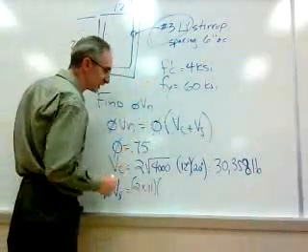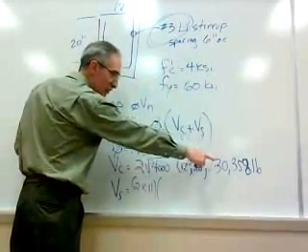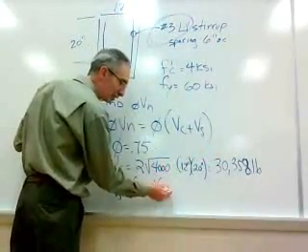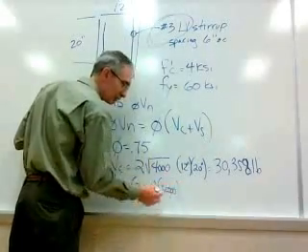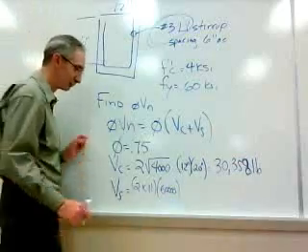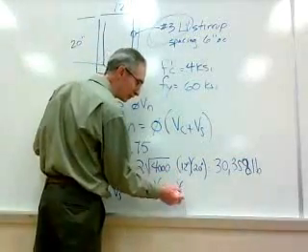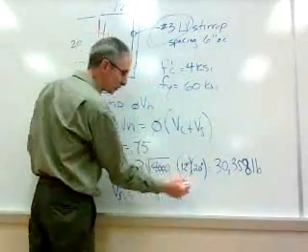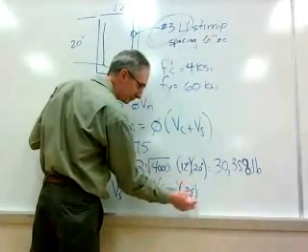Times 60. Now again, if I'm using pounds up here, then I'll keep this as 60,000. If I want to use kips, I'm going to use 60 KSI, but again, it's whatever your preference is. d is 20 inches.